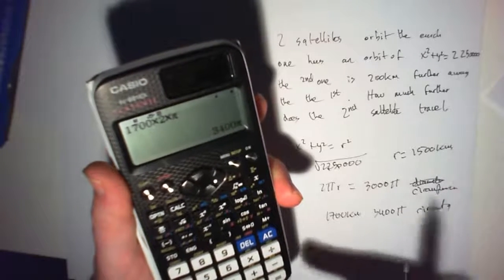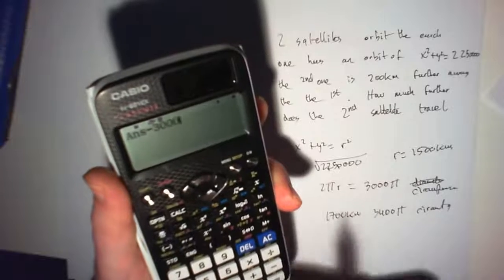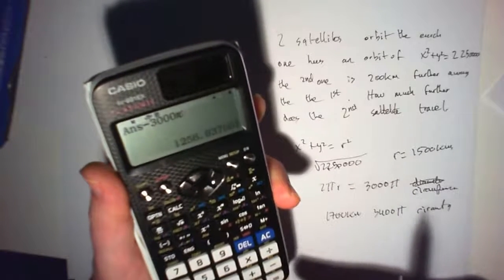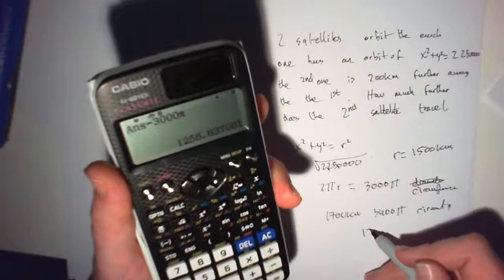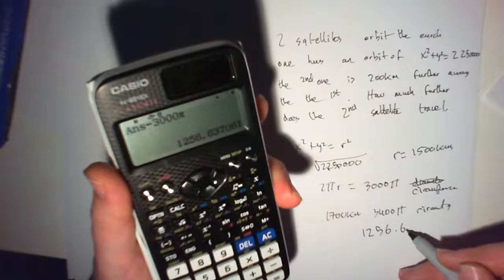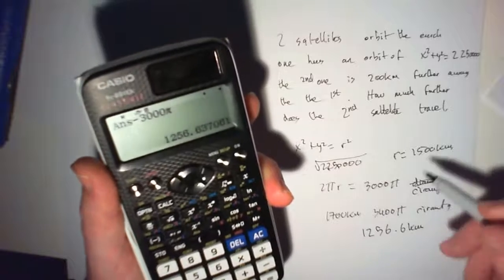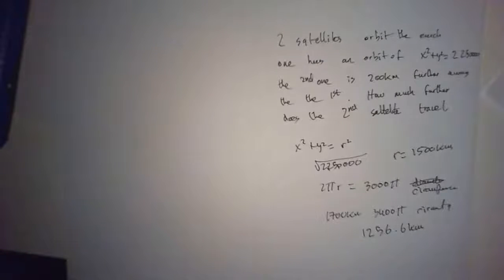Let's take the two of them away: minus 3,000 pi, gives 1256.6 kilometers more that the second one has to go. Or 1,257 to the nearest whole number if you're rounding.